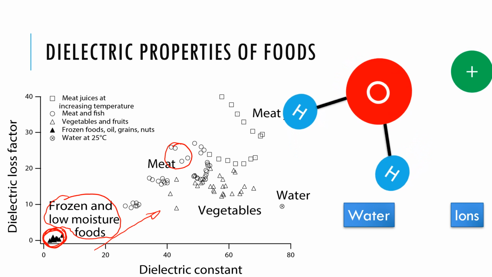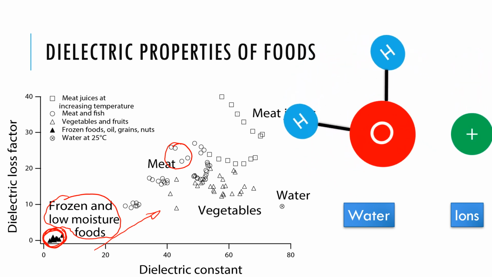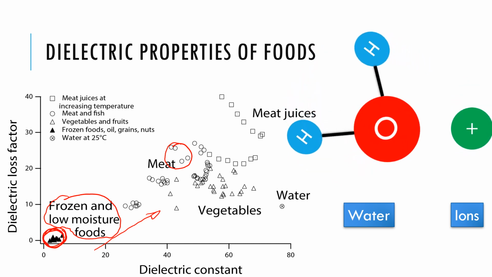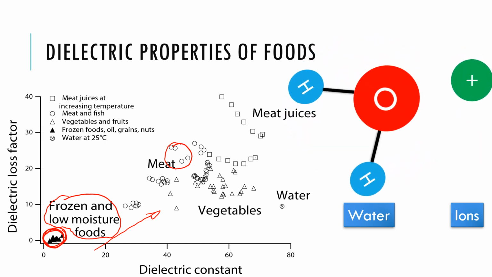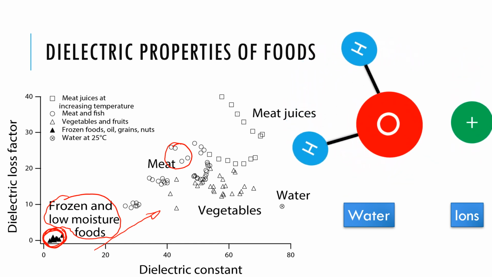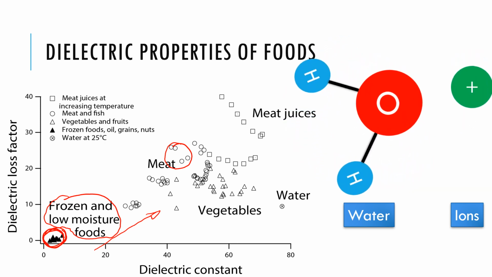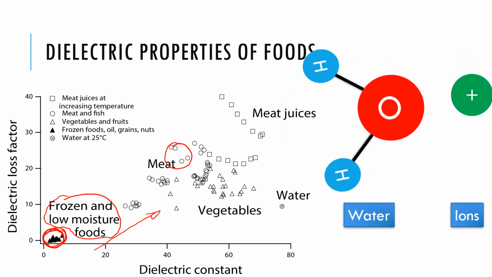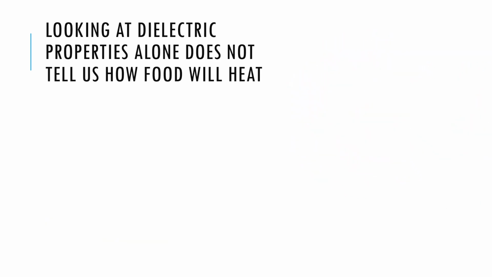Why? Because the details of heating depend on the size and shape of the food, also some oven factors, and even other properties such as thermal properties like specific heat. So we're going to see that in the next slide. At this point, the dielectric properties alone are not enough to decide how the food will heat.